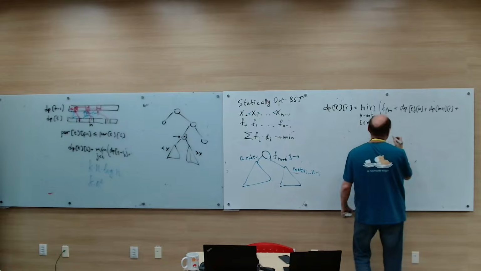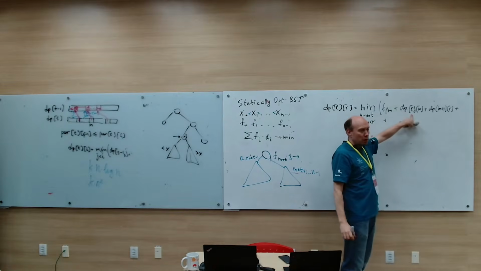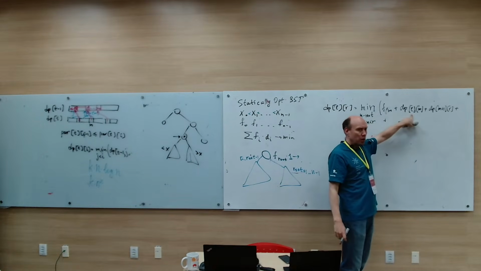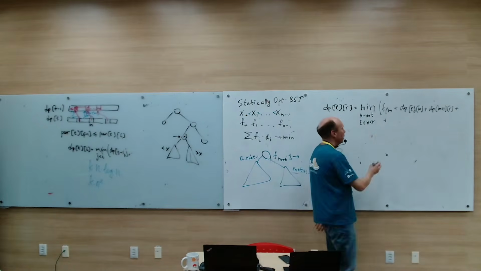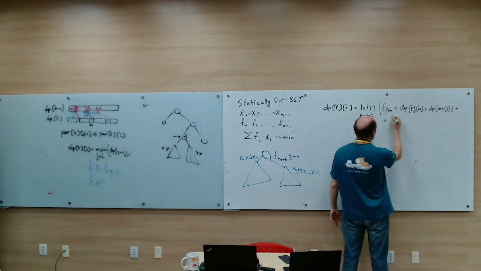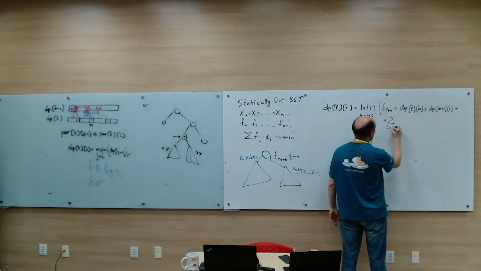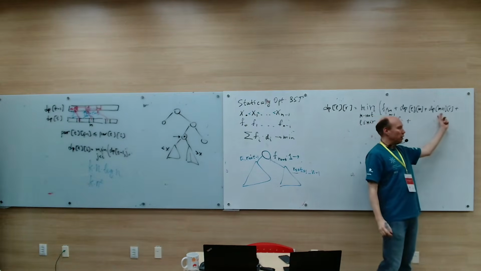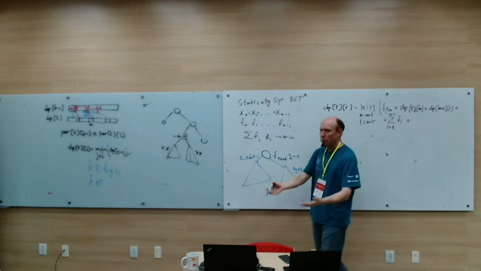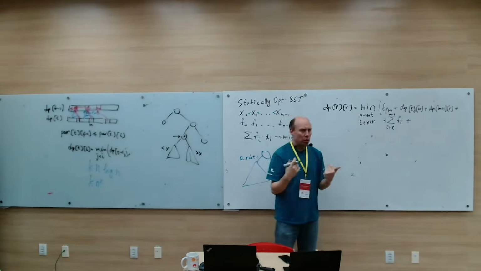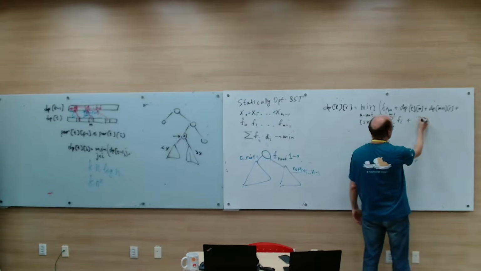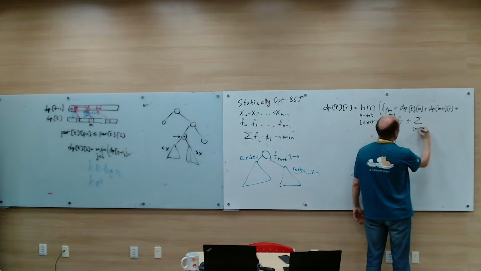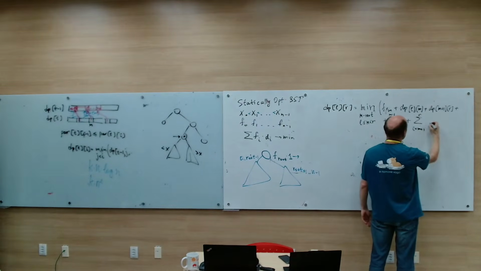plus, again, for this dp, all the nodes here are one deeper than they would be in the solution for the segment, so it would be plus the sum for i from L to M minus 1 of f_i. And for this dp, again, all the nodes will be one deeper, so it will be the sum for i from M plus 1 to R minus 1 of f_i.